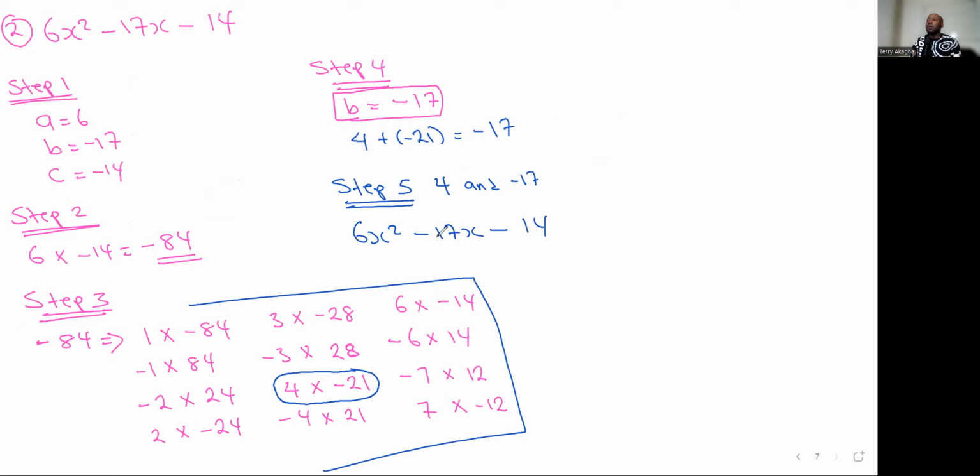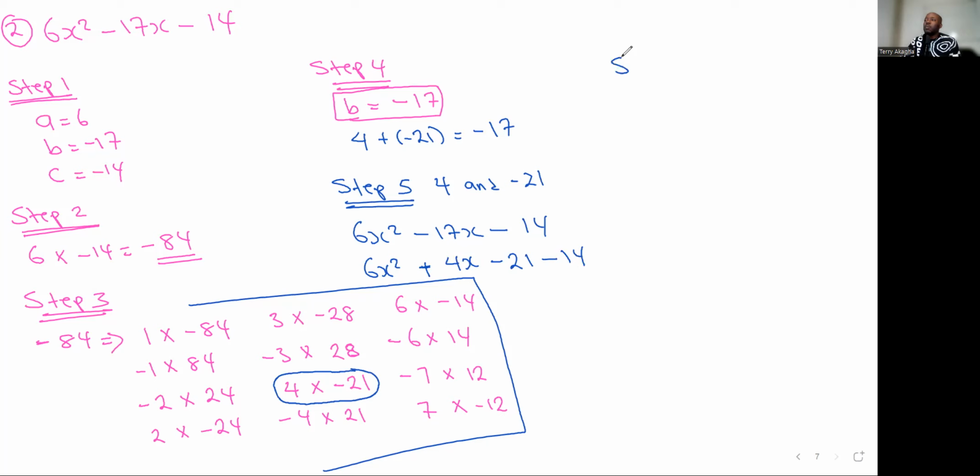Then we're going to replace this minus 17x with 4 and minus 21, okay? So it's going to become 6x squared plus 4x minus 21x minus 14.